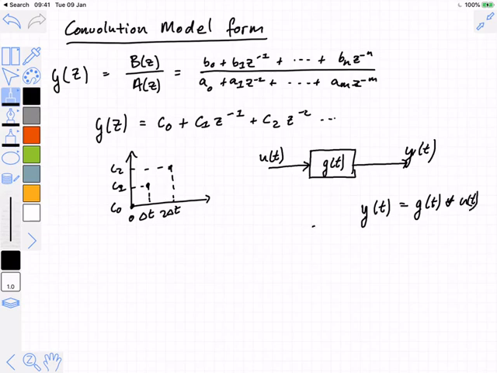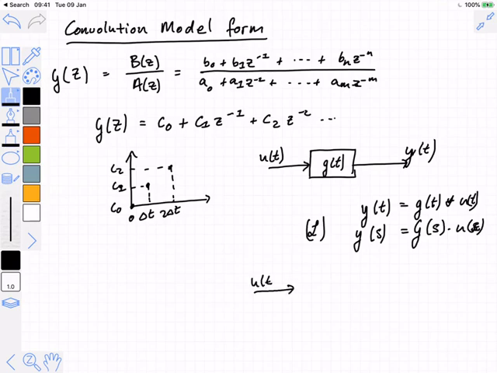And if I Laplace that, the Laplace transform of that signal in time translates to multiplication in the Laplace domain.